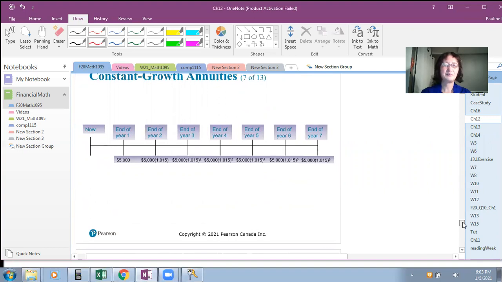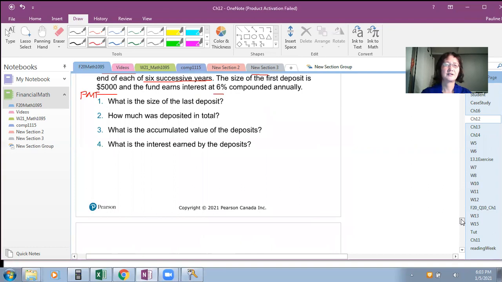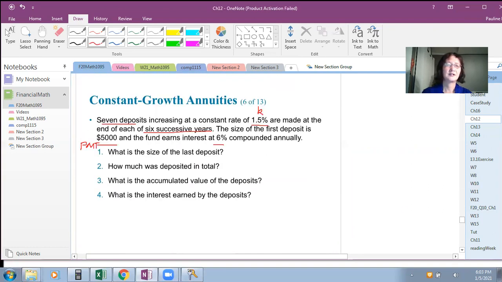So there are 7 payments. There are 7 deposits. The first deposit is 5,000. The second deposit is 5,000 times bracket 1 plus 1.5%.